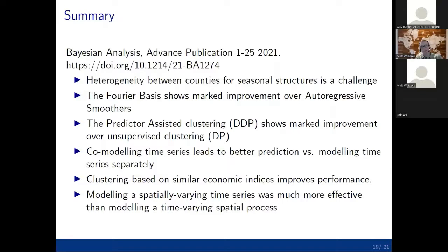We did it in such a way that it does appear to be better than modeling the time series separately. So hopefully that's not too surprising. And when we cluster, it's always tempting to cluster spatially, but when you cluster based on similar predictors, similar indices, that performs better than just latitude, longitude, and proximity.